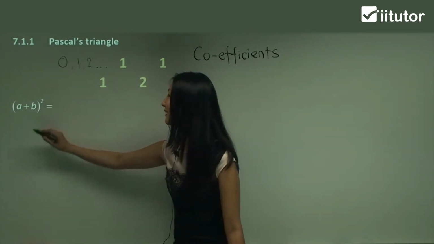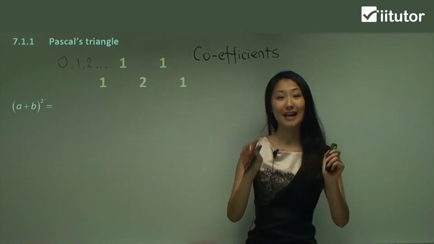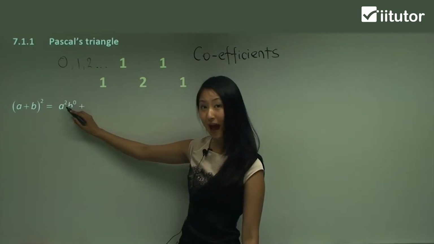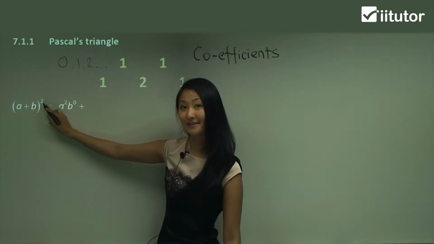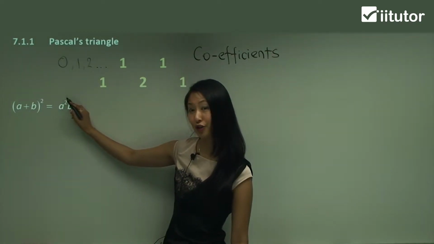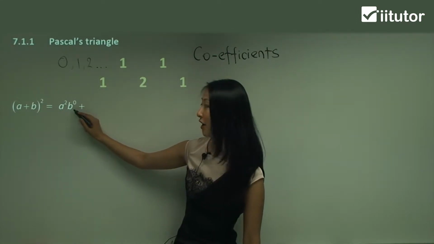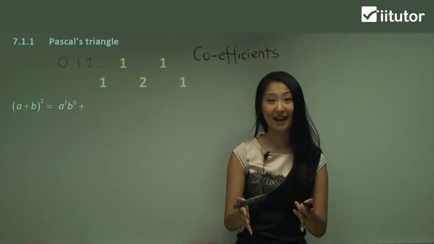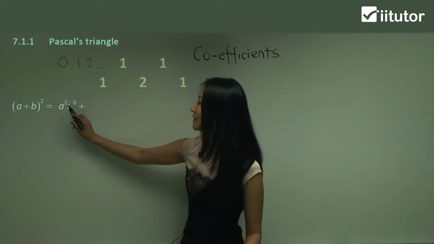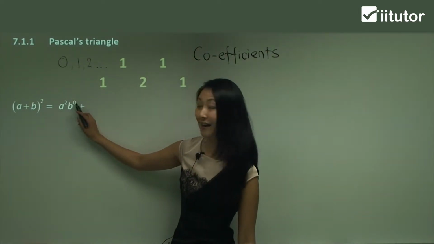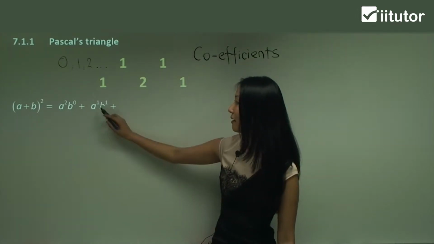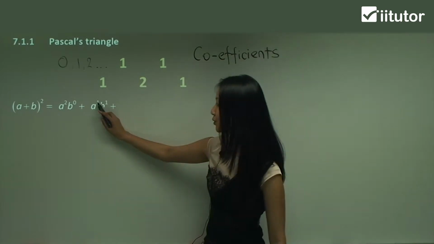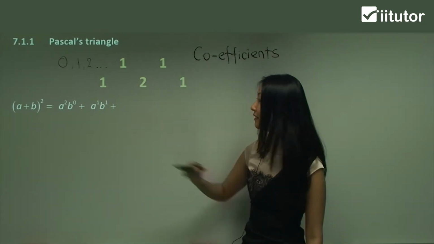All right? Now, we use the same method. So remember, a is going to be to the same power as that, so it'll be a to the power of 2. And for b, you always start off with b to the power of 0. And now what do we do? Yeah, that's right. Just subtract 1 from that index and add 1 to that. So that becomes a to the power of 1, b to the power of 1. And again, subtract 1 from that, add 1 to that one.